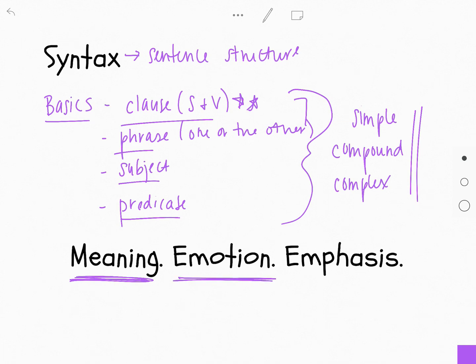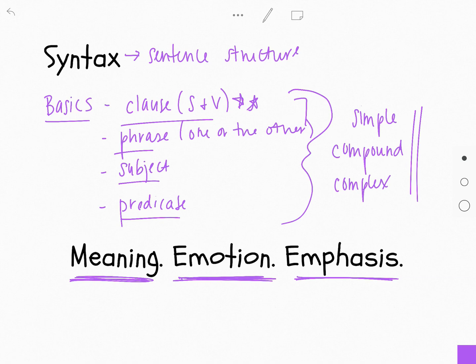We can attribute it to emotion. So if you have a whole bunch of short sentences that come in quick succession, there's an excitement that goes with that. So that would be attributing it to emotion. Or sometimes it's for emphasis. For example, if a very short sentence appears on a page that has only very long sentences, there's emphasis put on that sentence.